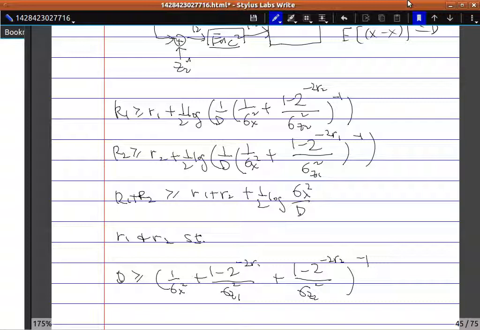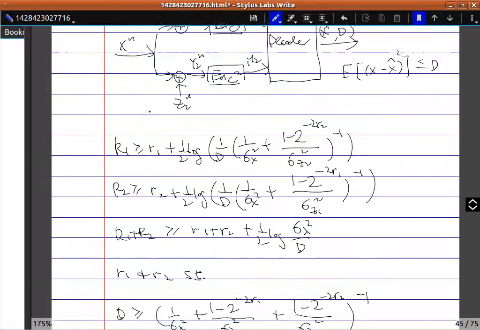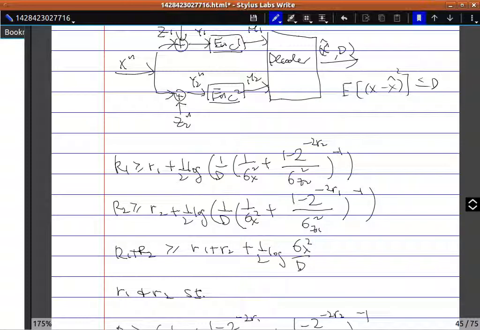This expression looks pretty ugly, but actually it's not too difficult to interpret. You can think of this small r1 as the rate that encoder 1 uses to help encoder 2, to make encoder 2's life easier.